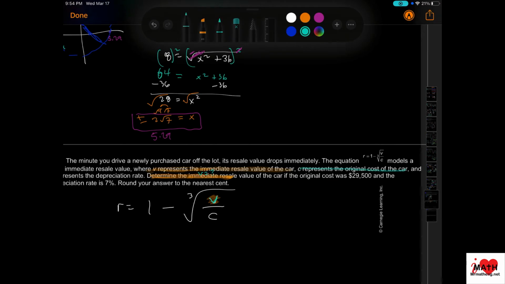Okay, the original cost is in light blue, right? We said the original cost is C, so this number is going to be a big number right there: 29,500.